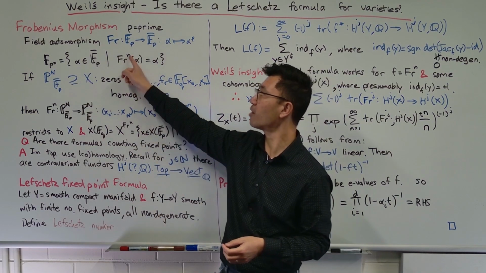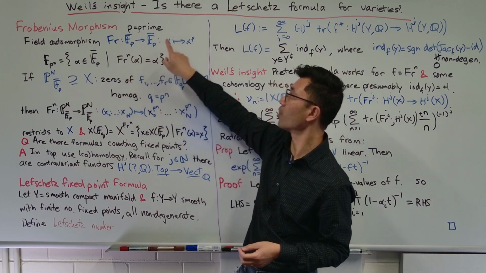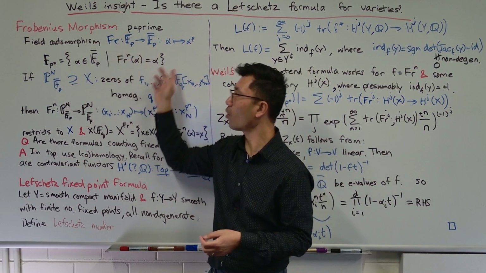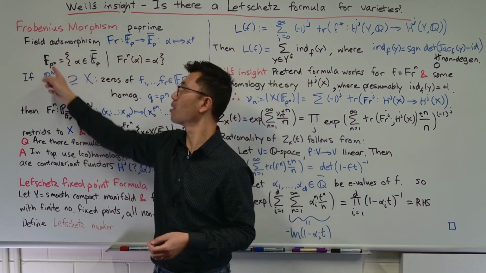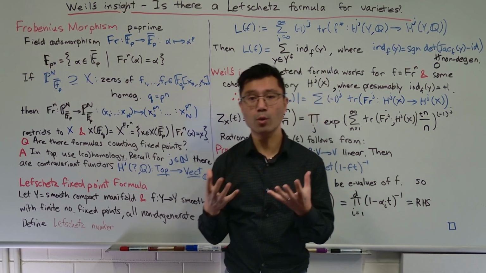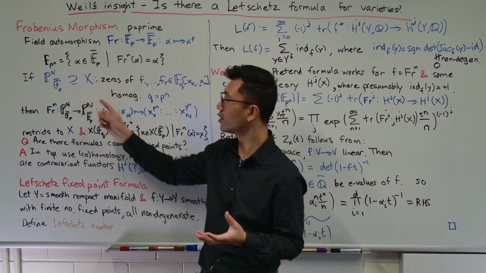So if you apply the nth power of the Frobenius to alpha, that is alpha to the p to the n, that equals alpha. So the set of all those alphas, the p to the n of them, is going to be this subfield here. So now we want to apply this to projective varieties.